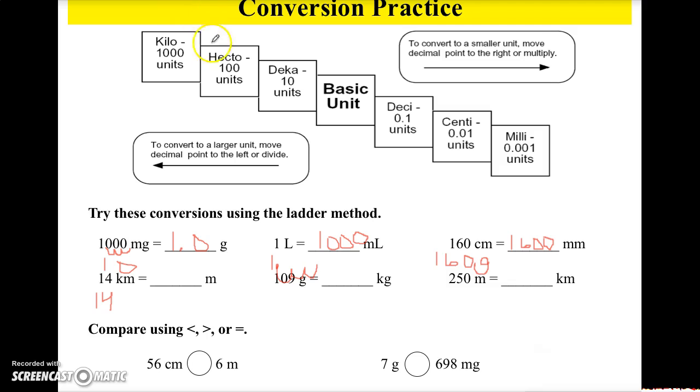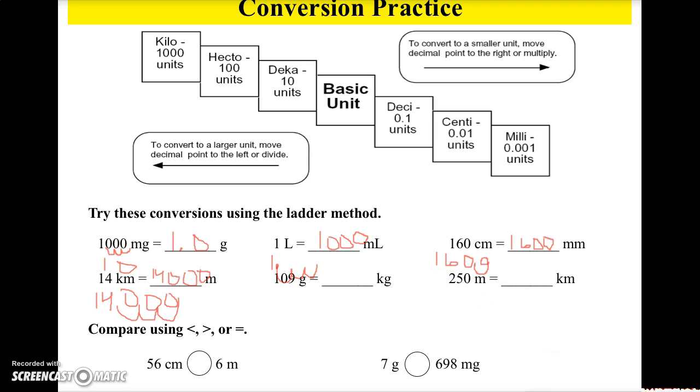And I'm going to go over 1, 2, 3. So 14.0. 3 to the right. 1, 2, 3. 0, 0, 0. And it's 14,000 meters.